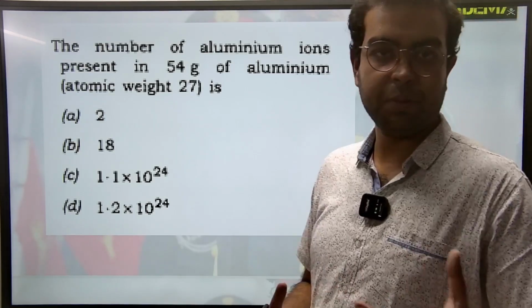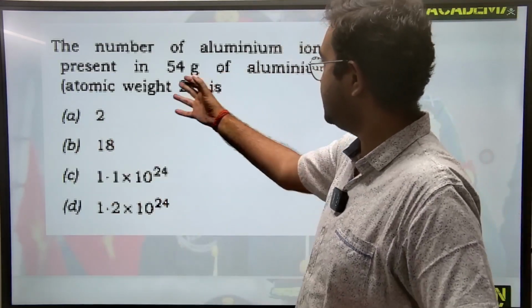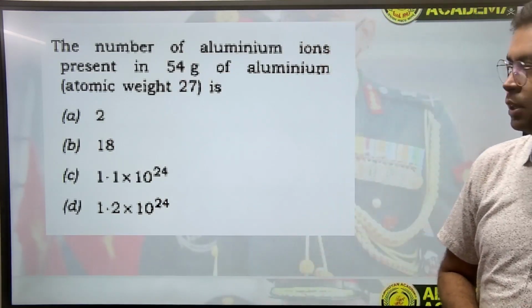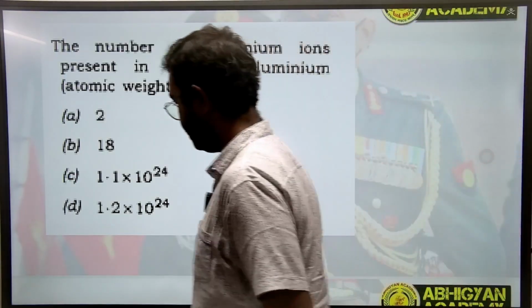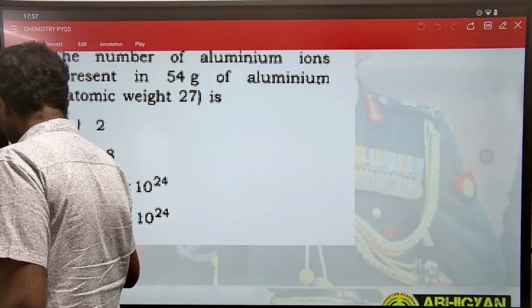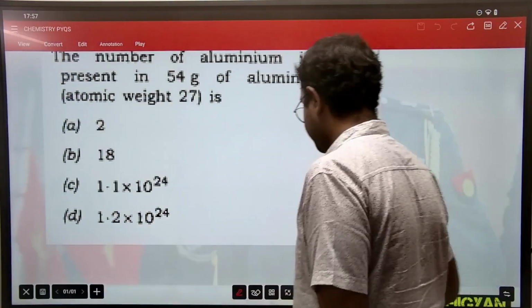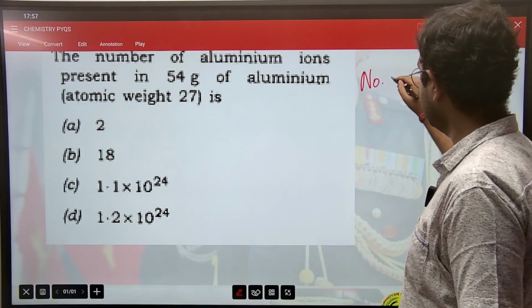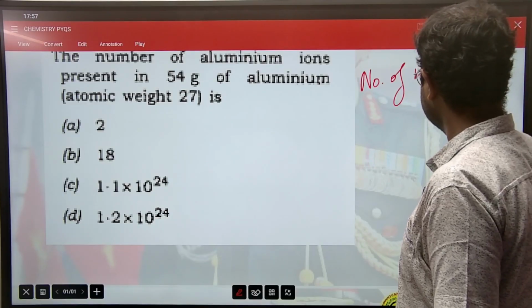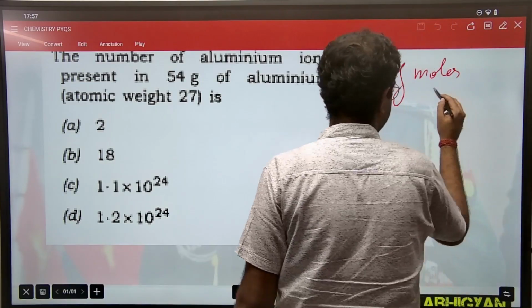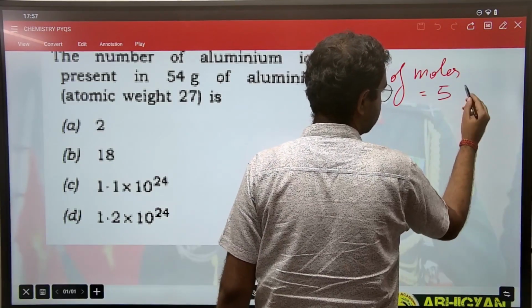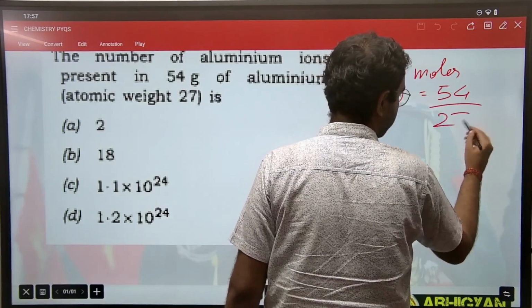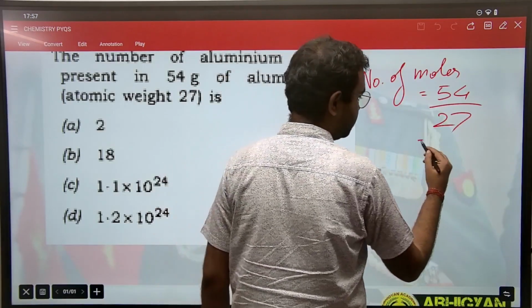Given mass by molar mass. The molar mass in this case is the atomic weight. Given mass is 54. So number of moles will be given mass 54 by molar mass 27, which gives you 2.